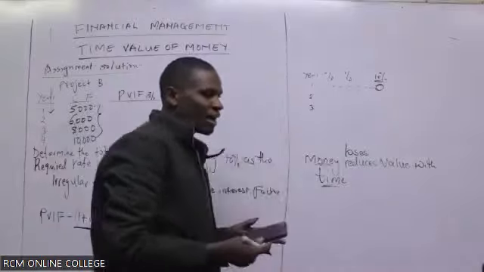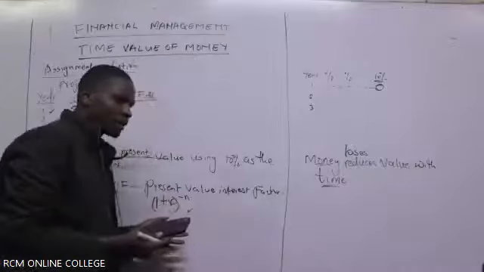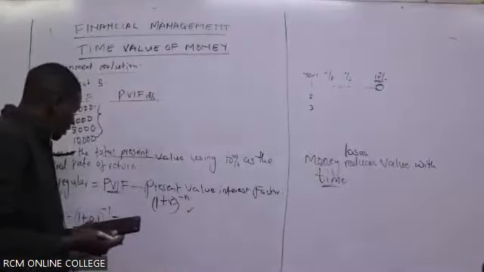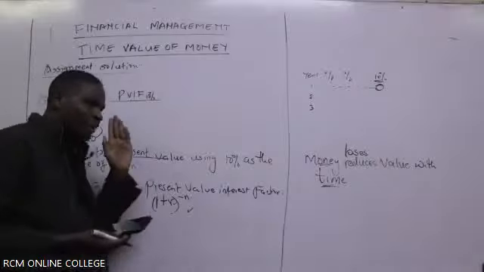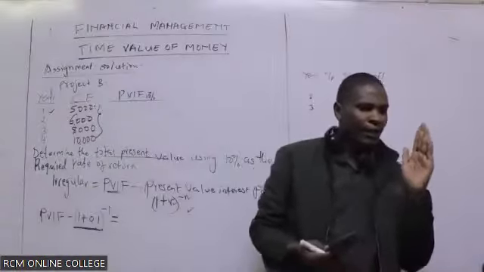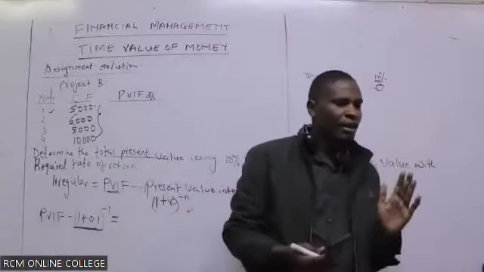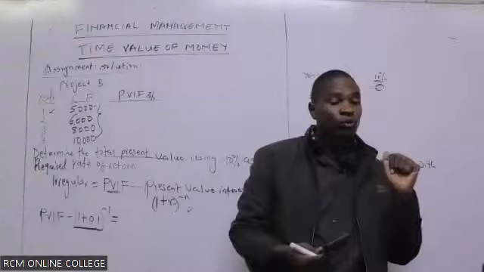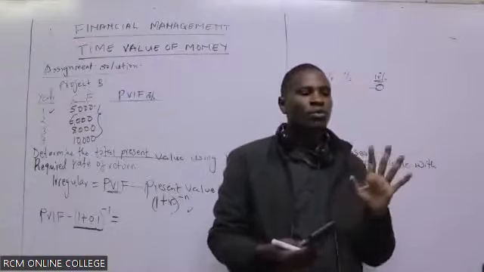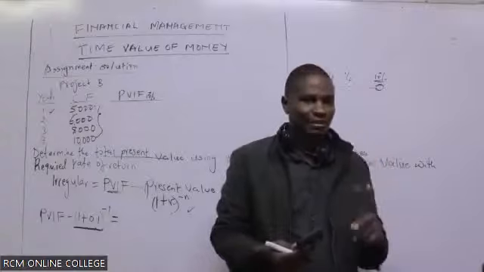Everyone else is using a calculator and giving me this, 1.1 raised power negative 1 to 4 decimal places. You can see they're giving me 0.9091. Please note, it is always good to know how to use the table.